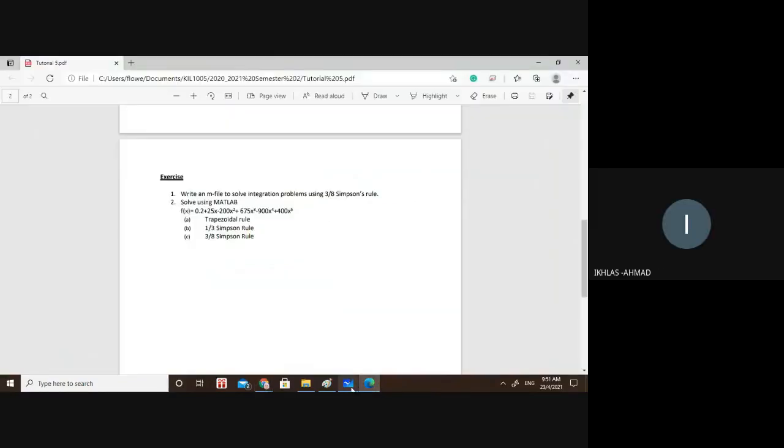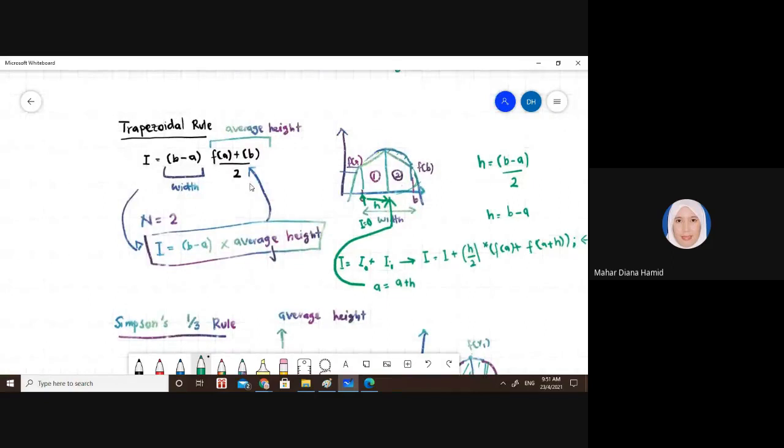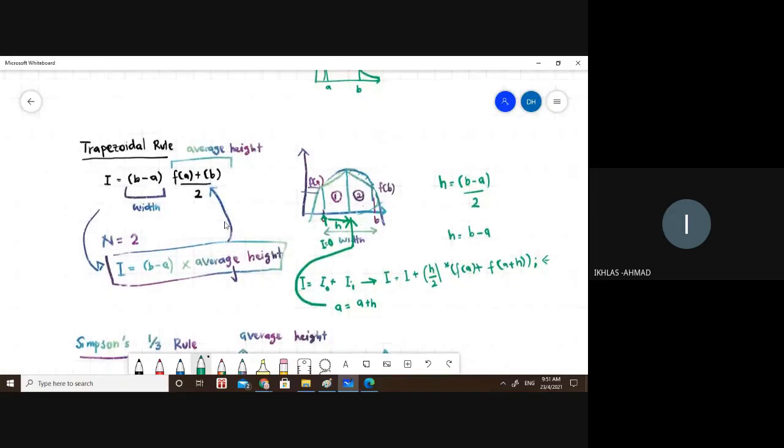Because this corresponds to this equation, average height. Oh, so it's the average height over 2, but then we bring the over 2 under the width. Yes, yes, yes. We bring the over 2, 0.5, to the front. Okay, all right, thank you. Okay.